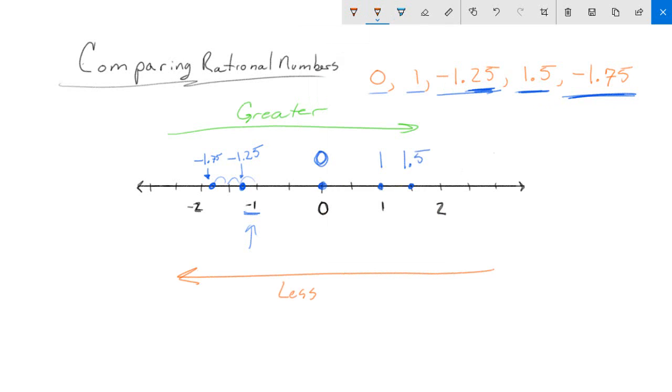And I mentioned in that video that some people like to remember left is less. And I think they like to remember that because it helps them whenever you get to a question where it says, why is this number greater? Well, we say because when you go to the left on a number line, or the farther left on a number line, you will be less than anything that's to the right of you. So that's kind of that reasoning piece that you want to have when people ask.